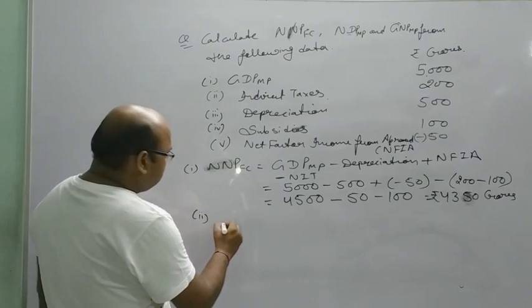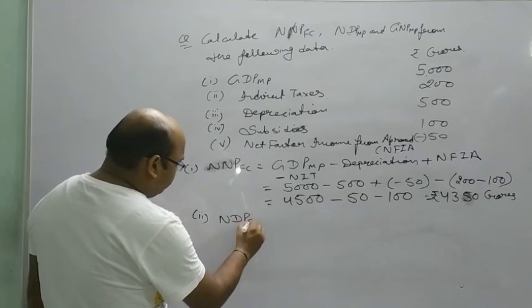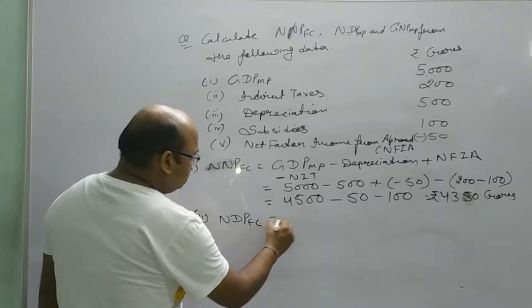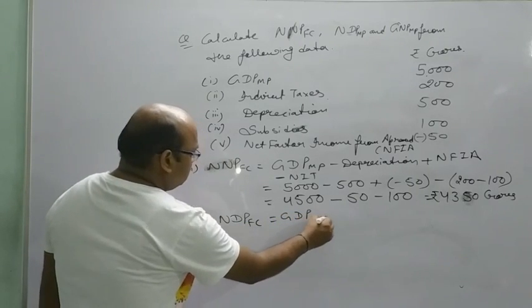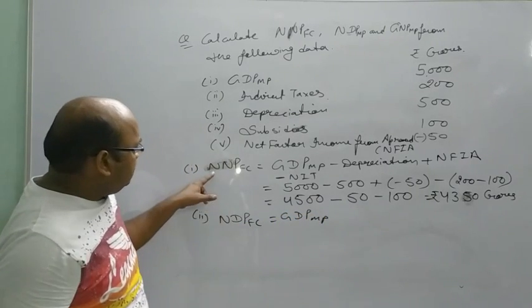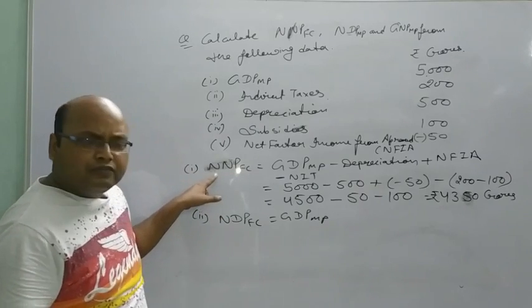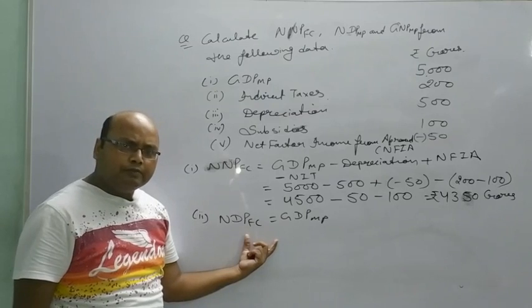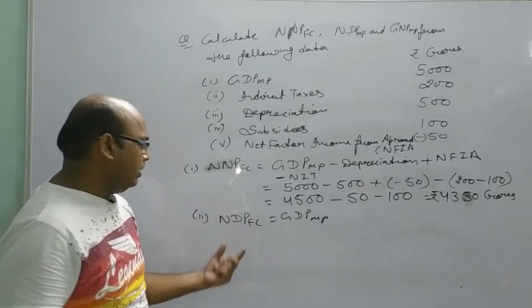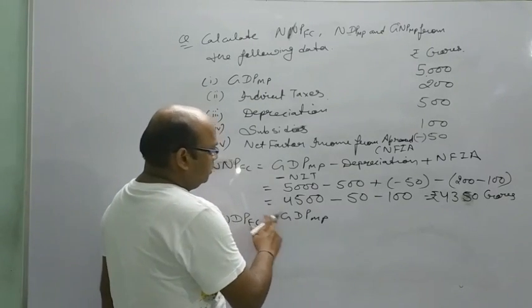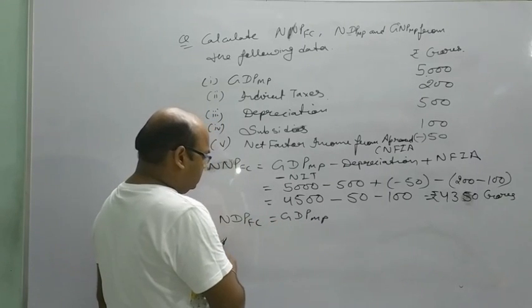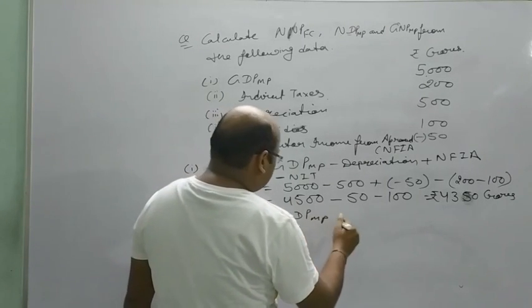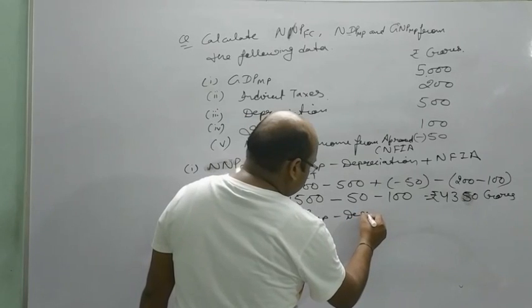Second, we need to calculate NDPMP. We have GDPMP. We can calculate with the help of NNPFC also, or GDPMP, but the best way is to calculate from GDPMP because it reduces our work. Net and gross have the relation of depreciation: net is equal to gross minus depreciation.